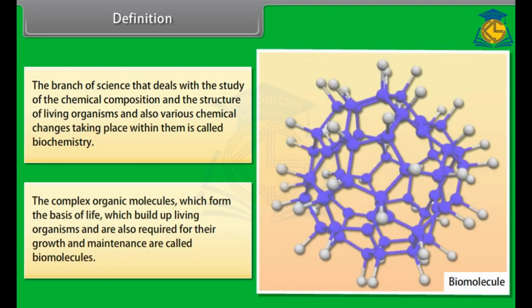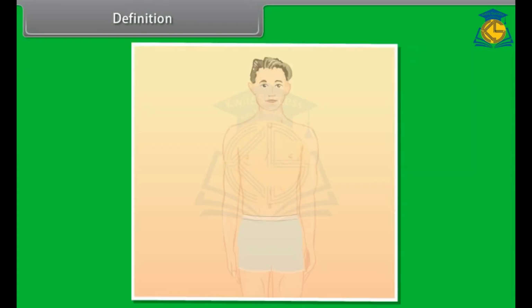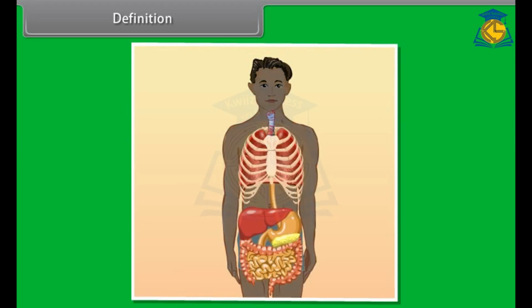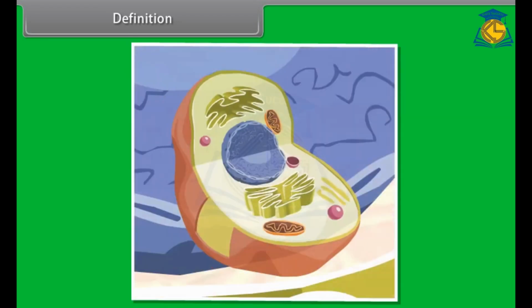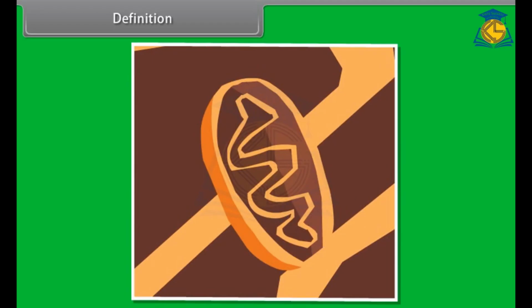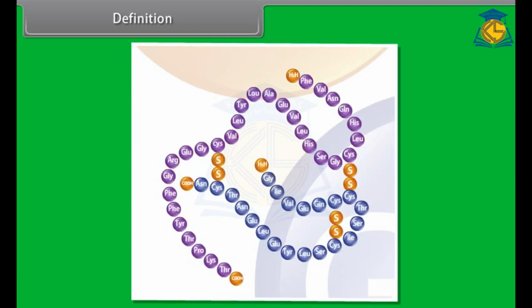The complex organic molecules which form the basis of life, which build up living organisms and are also required for their growth and maintenance are called biomolecules. Biomolecules are related to the living organisms in the sequence living organism, organs, tissues, cells, organelles, and biomolecules.